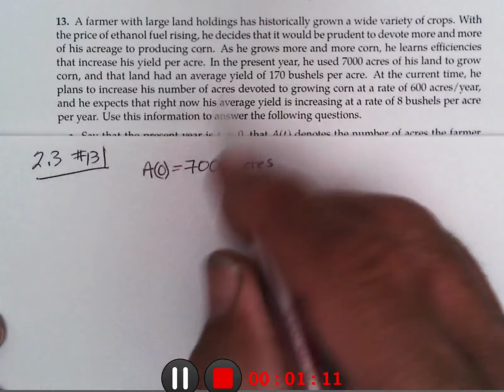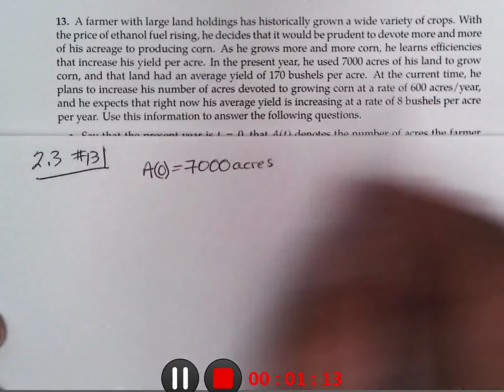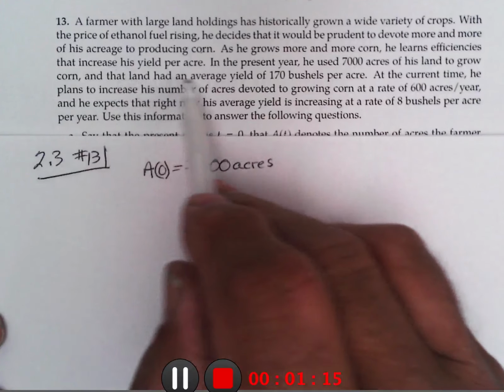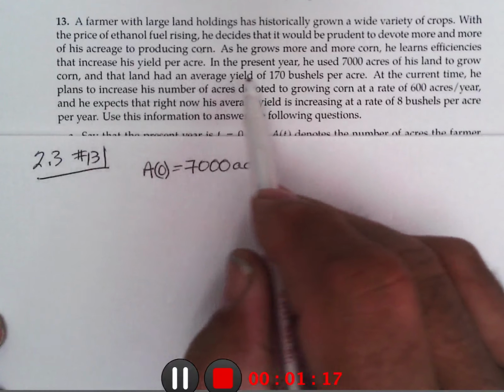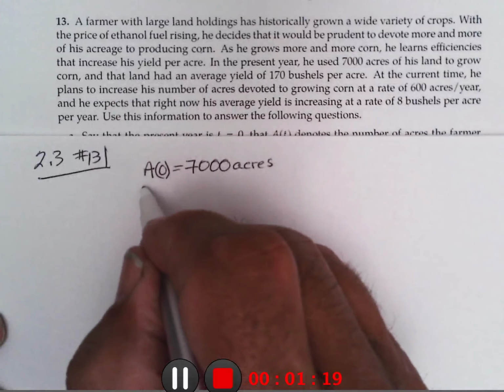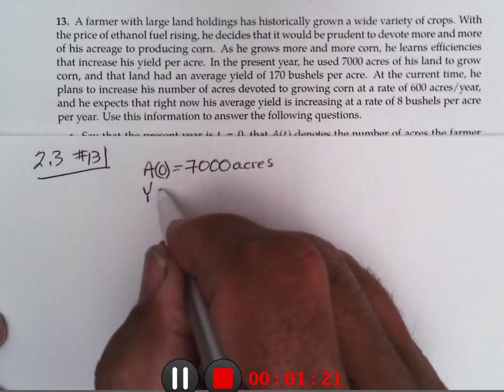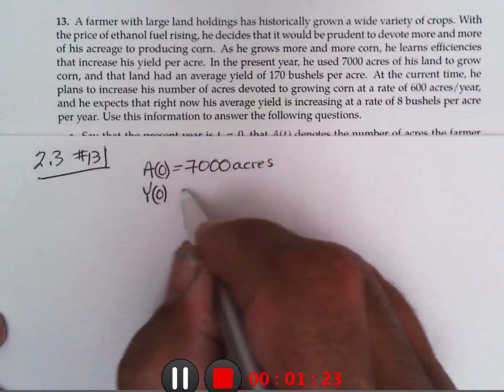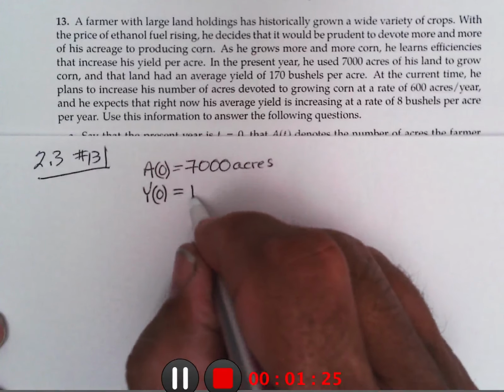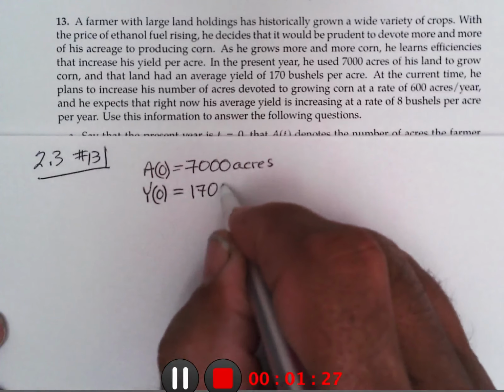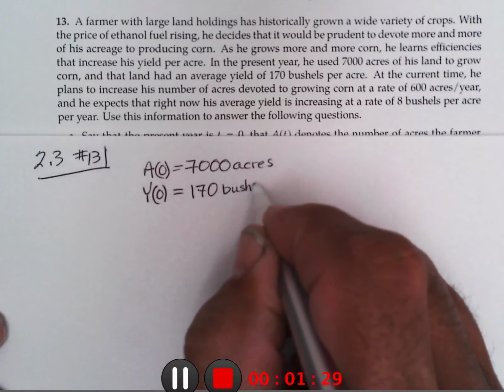And the land had an average yield, so this is the yield, and they used Y. Right now, so at zero, it is 170 bushels per acre.